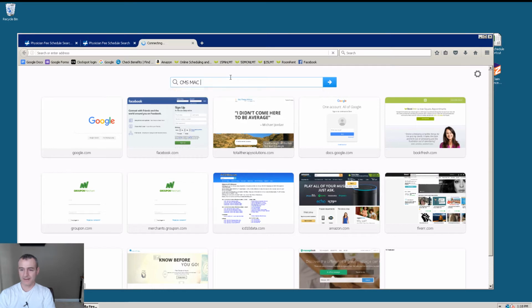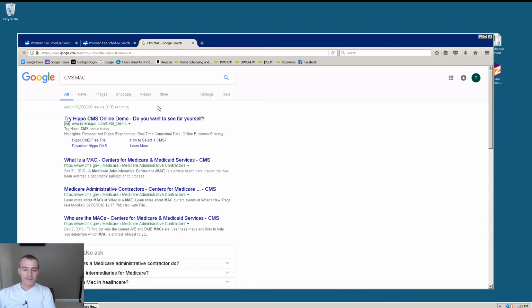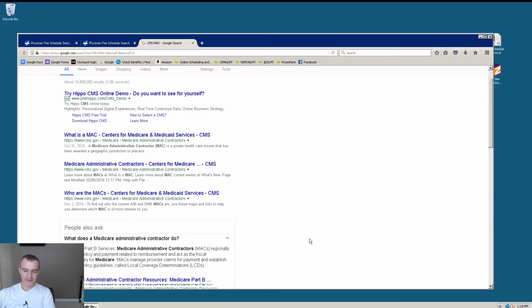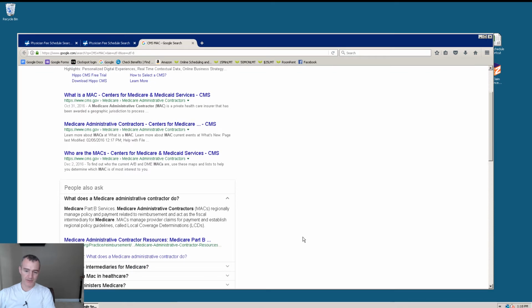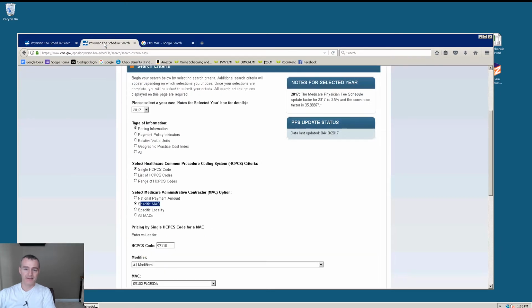MAC: Medicare Administrative Contractor. So in other words, I think it's First Coast maybe in Florida. They're basically an intermediary that comes in and manages the providers for CMS.